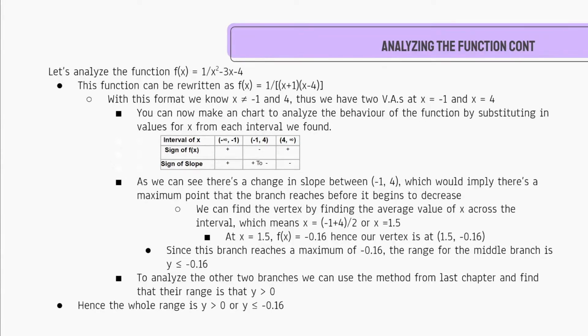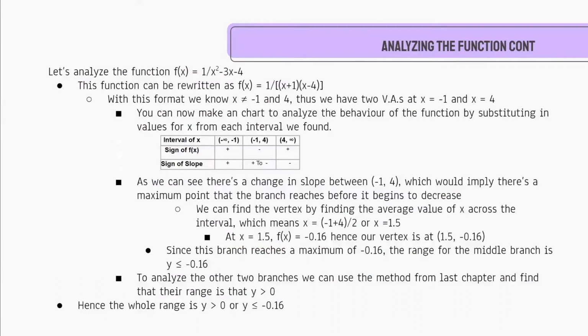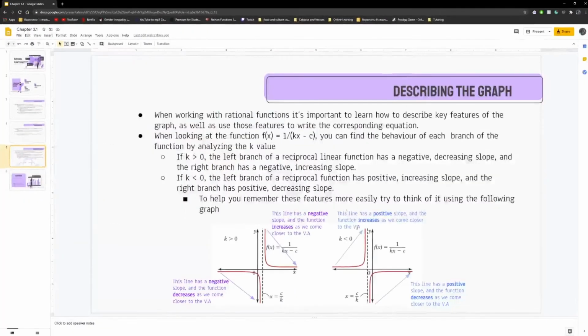Okay, now let's discuss the sign of the slope. When it comes to the sign of the slope, we're going to be using the definition that I showed you yesterday, which will be the following. I talked about how when we're analyzing a graph, we could have a negative slope or a positive slope.